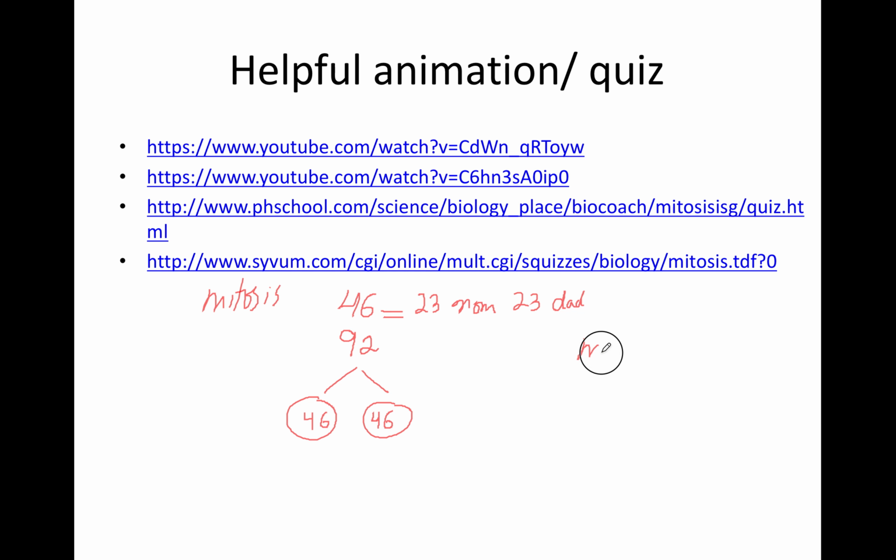Now, in the process of meiosis, you still start with 46 chromosomes, which are again 23 from your mom, 23 from your dad. It does duplicate to become 92. But the difference is because you have meiosis 1 and meiosis 2, you actually end up with, and this is a really short version, 4 cells, each of them having 23 chromosomes.